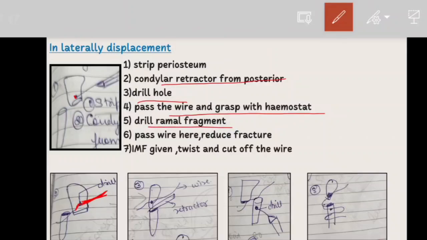Here we drill the ramal segment, then pass the wire here, and then reduce the fracture. After passing the wire, we reduce the fracture. Then IMF is given, and the wire is twisted and cut off. The whole diagram shows the drilling and wire fixation step by step.